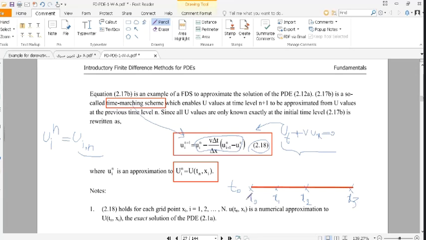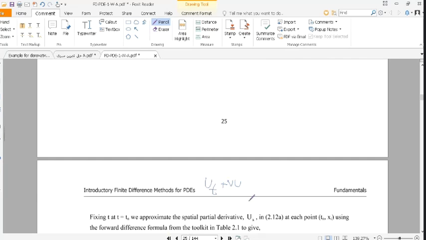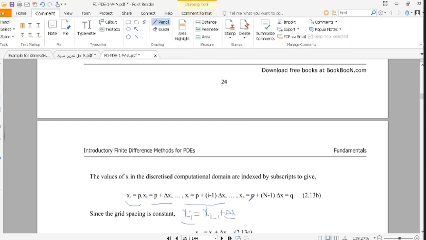Okay, and u at all of these points is known. It is the initial condition. Based on the initial condition, we have u at t0. Is it clear? Based on the initial condition means the value of u at t0. Please be careful and see this part.